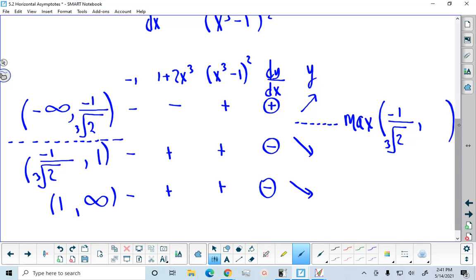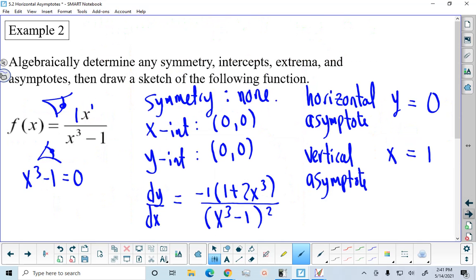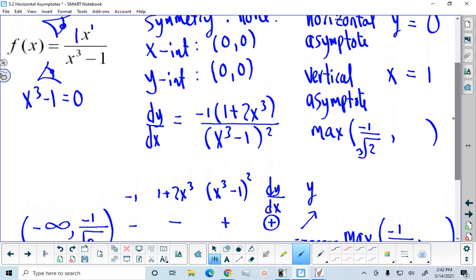In order to facilitate this moving a little more smoothly, I don't care about an exact value for y, but I do want us to calculate the y coordinate of that maximum value, which means you have to take negative 1 over cube root 2 and put it in for x and calculate the y coordinate.